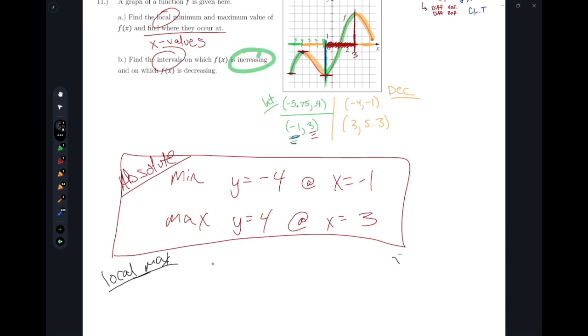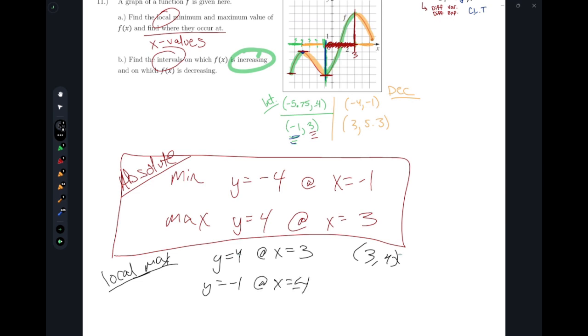It's 3, 4. That is the local max, isn't it? 3, 4? Yeah. So local max would be y equals 4 at x equals 3, also known as 3, 4. And y equals -1 at x equals -4. That is the minimum. Yes.